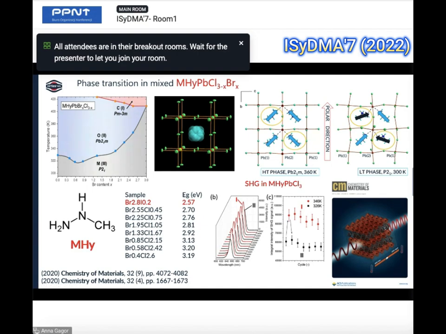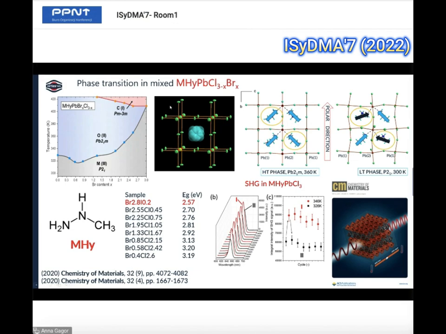In pure bromine, we have a phase transition at high temperatures to the disordered cubic phase, which is common for all perovskites, even for inorganic perovskites, when they have ideal cubic arrangement and very disordered amine inside.